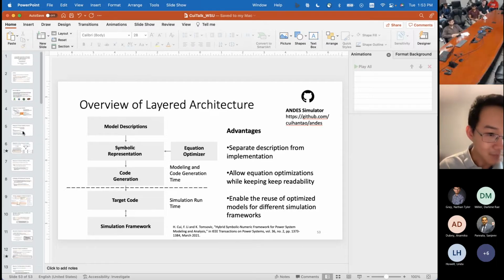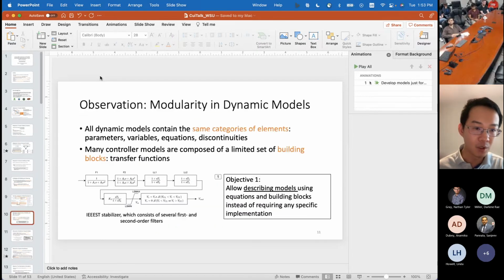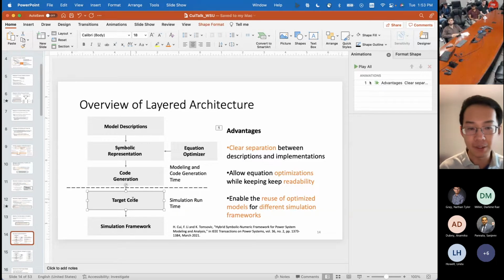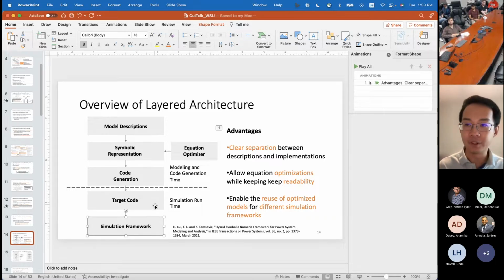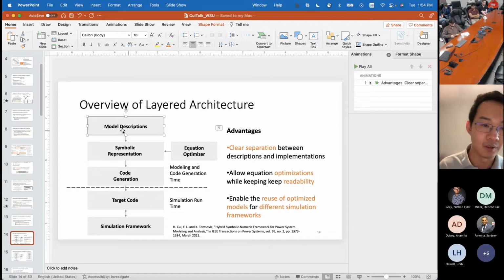Yes. I looked into how models should be written in PSSE, in TSAT, and PowerWorld. They all deal with implementations. That is, the developer directly writes the target code for the desired framework. For example, in one of the software, you have to define an f of x derivative function. You need to implement in C++ how to calculate those equations. But the discussion in this talk is at a higher level.